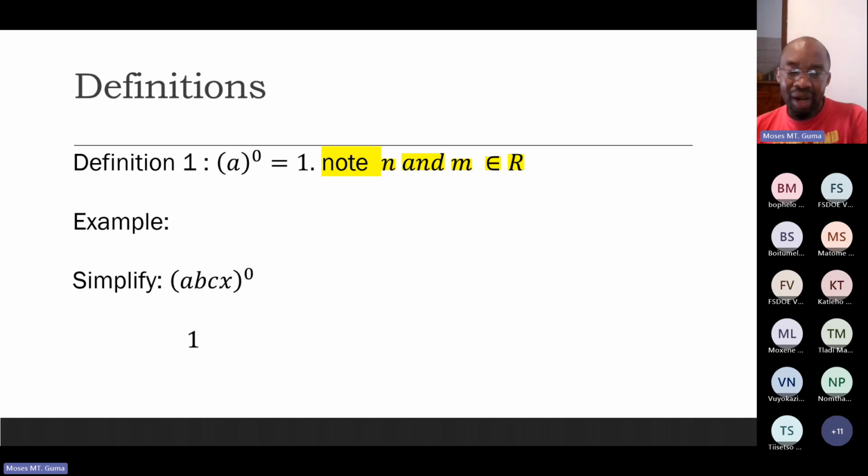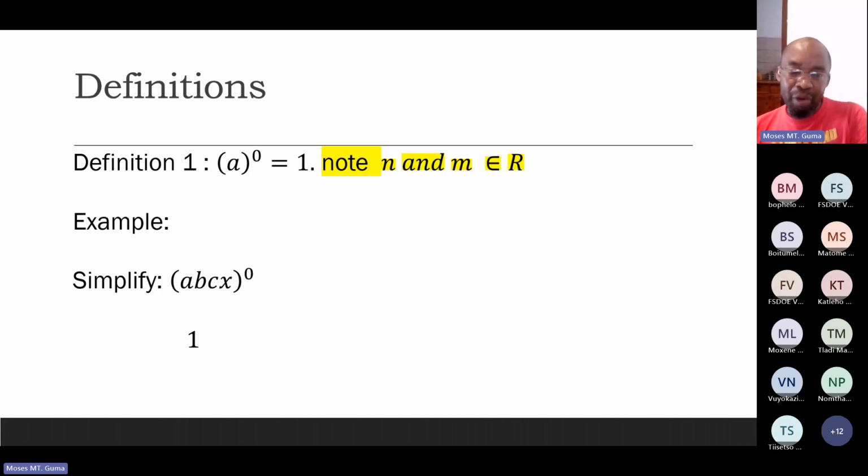Be careful. Sometimes we take an expression and raise one number from that expression to power 0 and the rest are not to power 0. Be careful of that catch, my beautiful buddies.